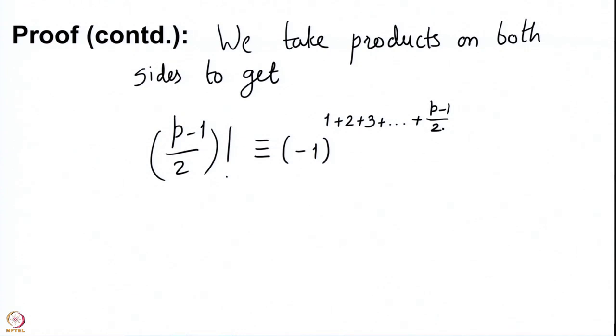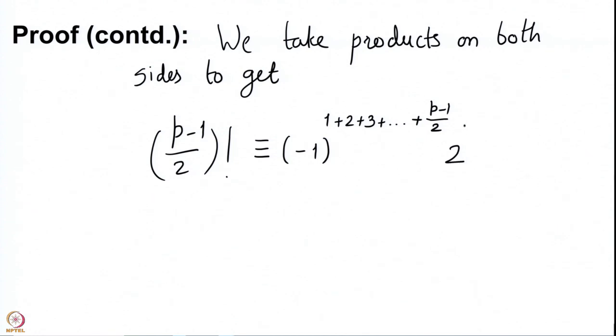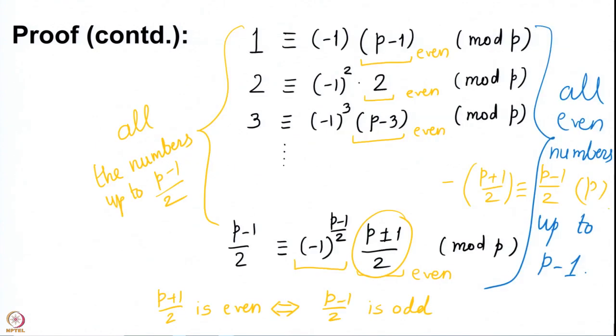This was the sign on the right hand side, and then we had the product of all even numbers up to p minus 1, and therefore we had these to be 2 to the power (p minus 1)/2 into ((p minus 1)/2) factorial.